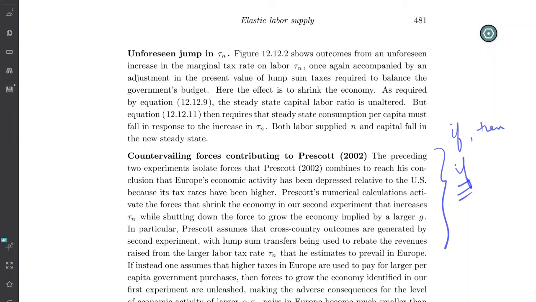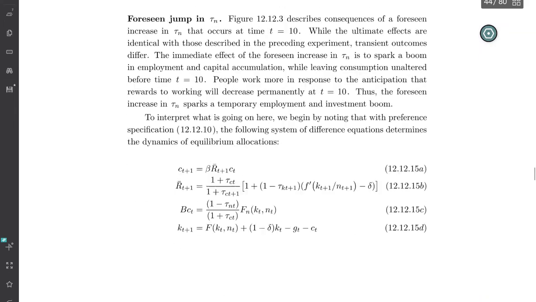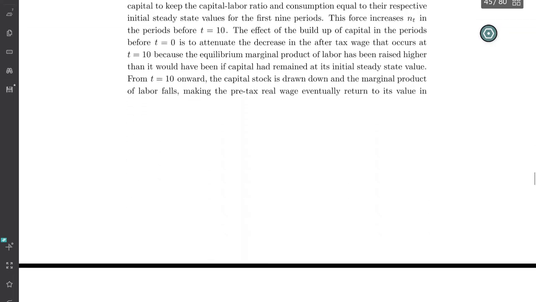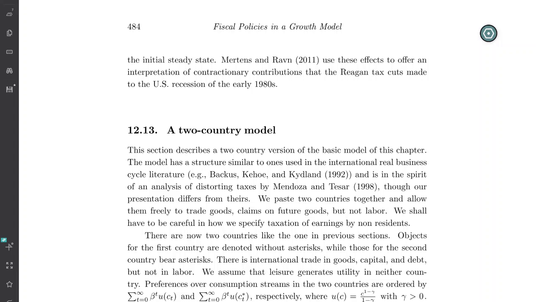So this model that we have is a machine for doing many things. And then the last part of the chapter is a two-country version of a model that Mendoza and Tesar did, which I like a lot.